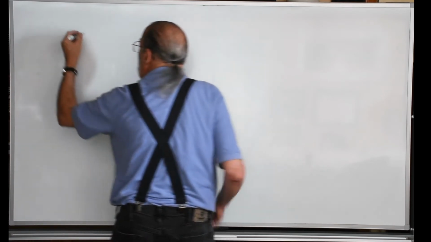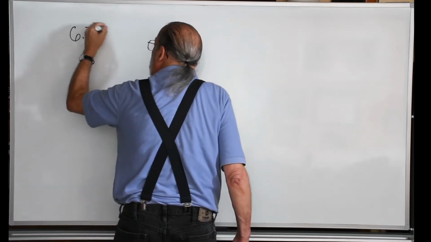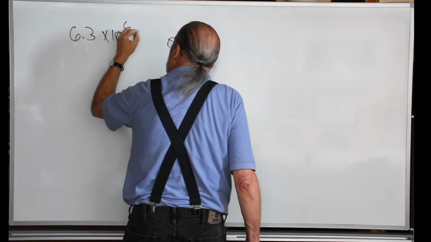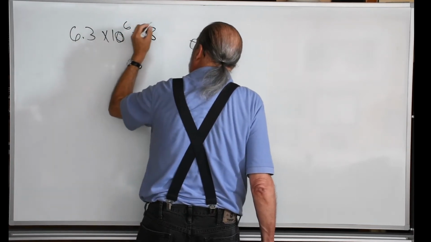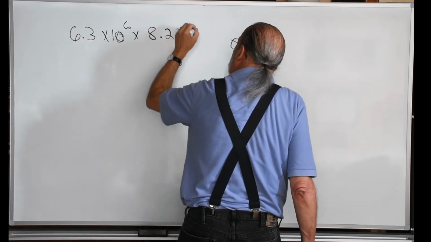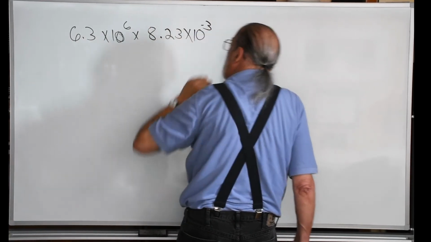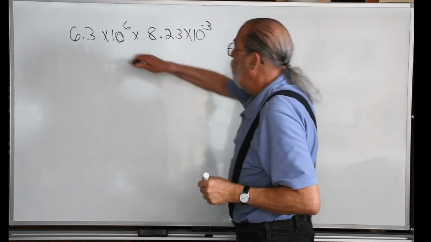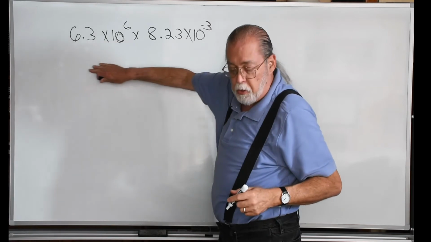So let us do 6.3 times 10 to the 6th times 8.23 times 10 to the minus 3. Now how do we do this? I'm going to show you the sequence here now.